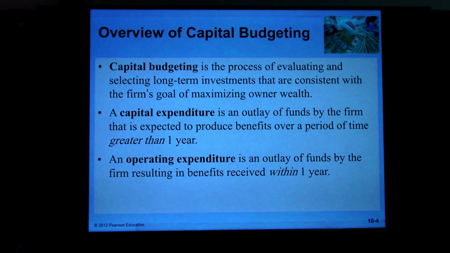And this is the basic difference between capital expenditure and operating expenditure. In the capital expenditure, it's extended over a period of time greater than 1 year, but in the operating expenditure, it's related to a period of time within 1 year.